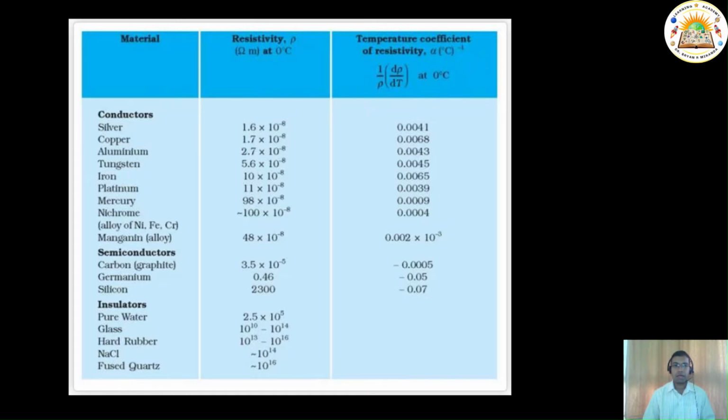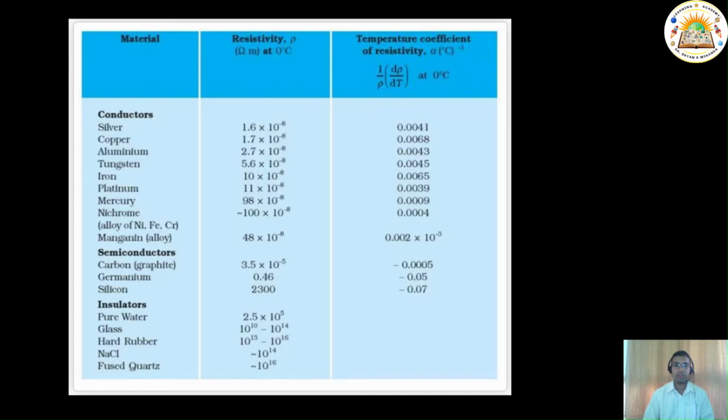Now, what is the understanding that is there? Another factor that we had seen when we saw resistance was that it depends on the nature of the material. So here, if you look at conductors, the resistance is supposed to be either high or low.